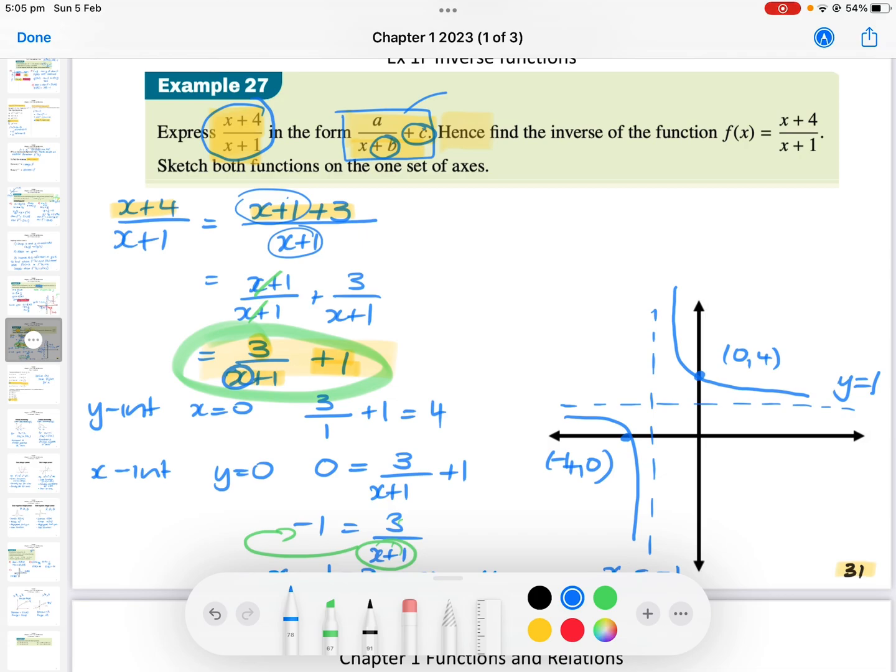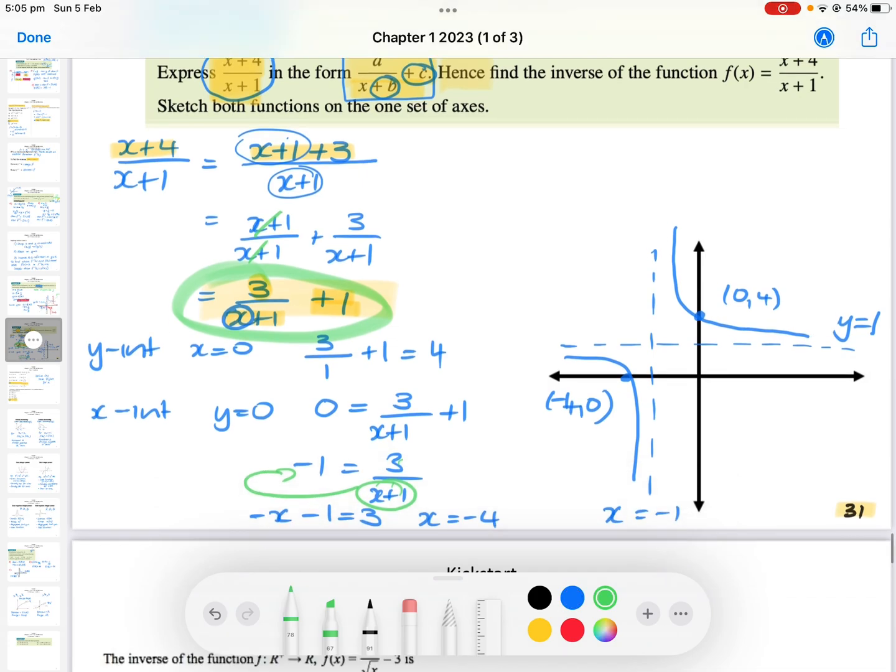So I'm going to do green for the second one, because what I know is when we find an inverse, we swap. So x = -1 is going to change to y = -1 for the inverse. And y = 1 is going to change to x = 1. (-4, 0) is going to go to (0, -4).